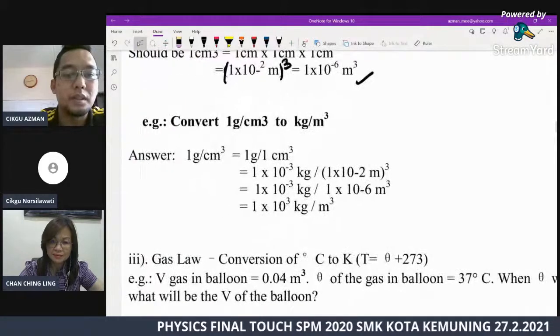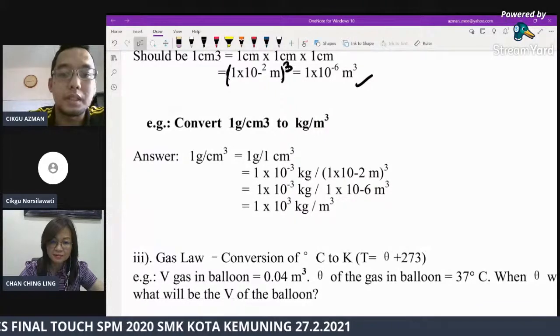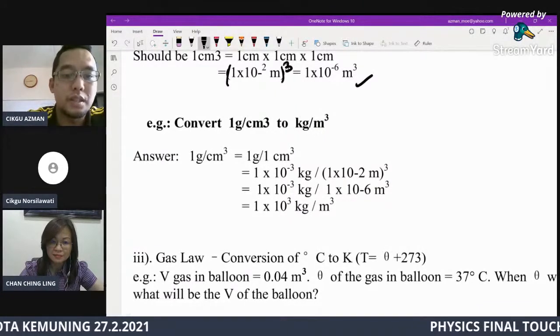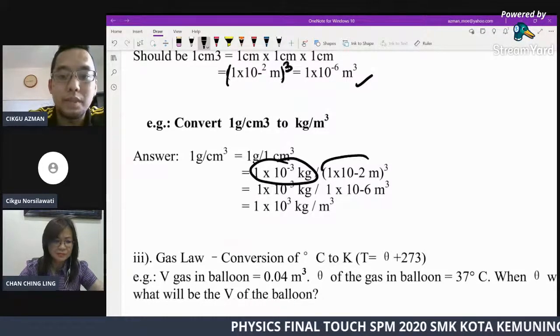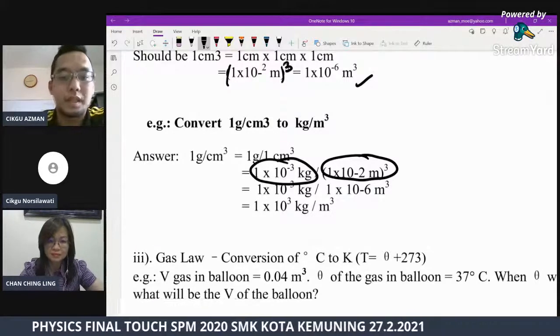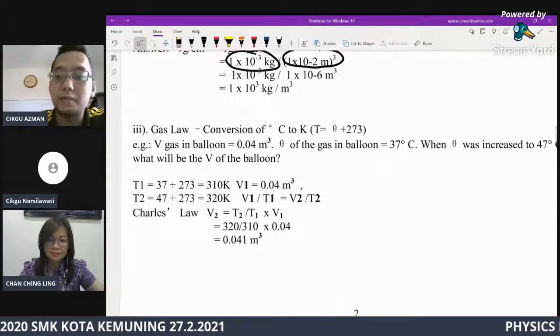Ini pun sama. Convert 1 gram per cm cube to kilogram per meter cube. Make sure you change gram to kilogram, then cm cube to meter cube. Okay, ni antara yang popular, careless mistake yang popular.